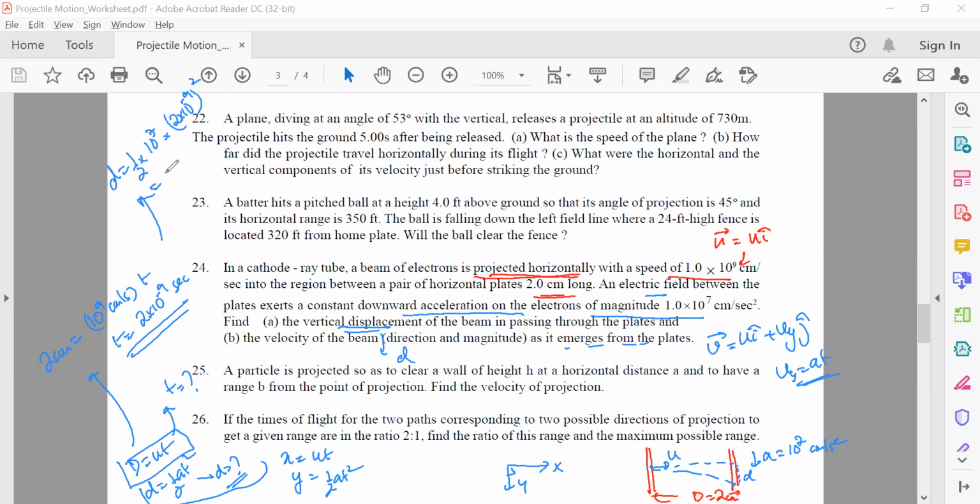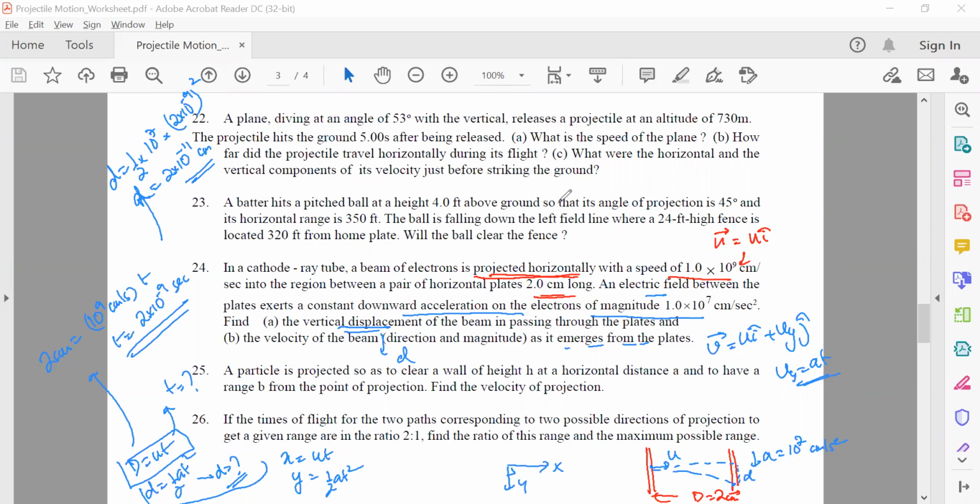It will be 2 into 10 raised to power minus 18 plus 7, so that's 2 into 10 raised to minus 11 centimeters. This will be the vertical displacement. Okay, very good, Yash. So that's the only difference, that instead of g, now it is a different acceleration because of a vertical electric field acting on the electrons. Rest of the things are the same.